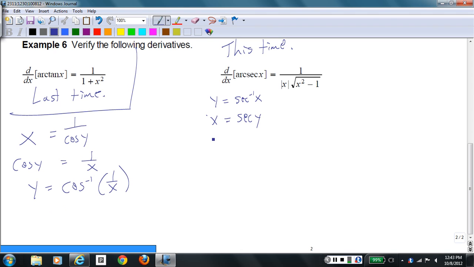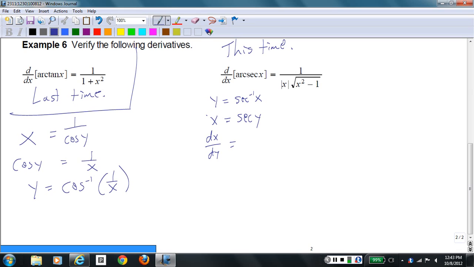Let's go this way instead. dx/dy equals, okay, what's the derivative of the secant of just plain old x if we're differentiating with respect to x? It's secant x tangent x.